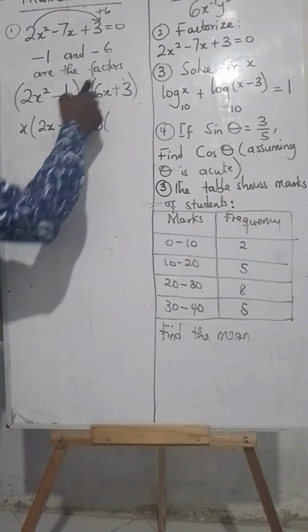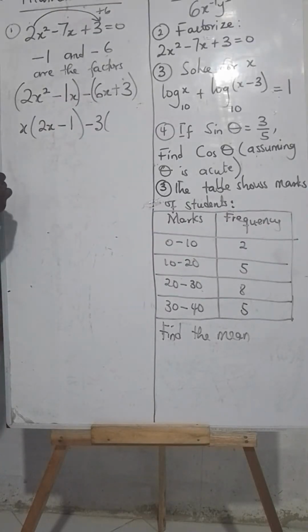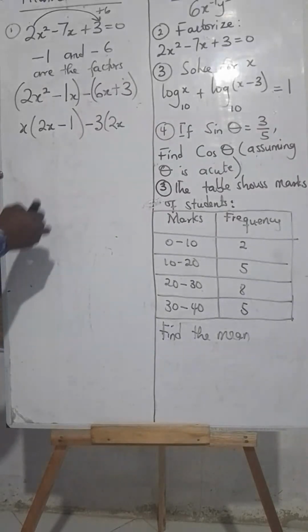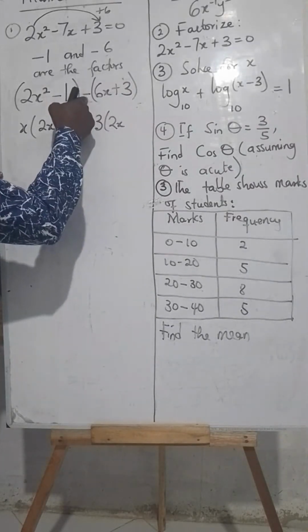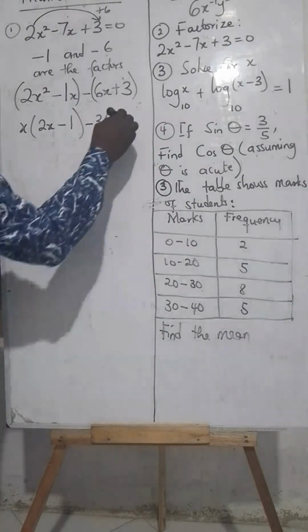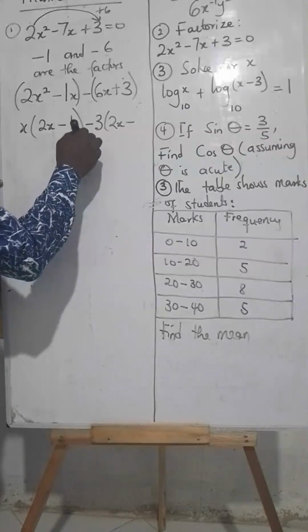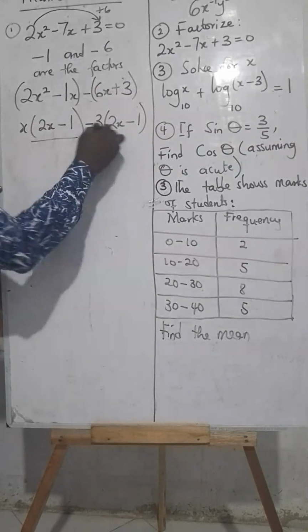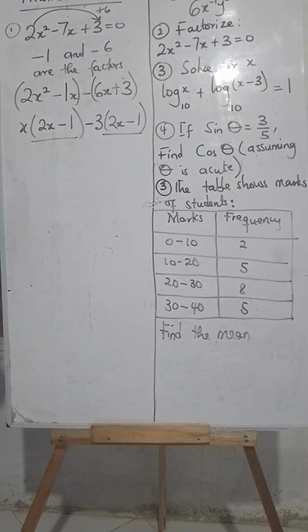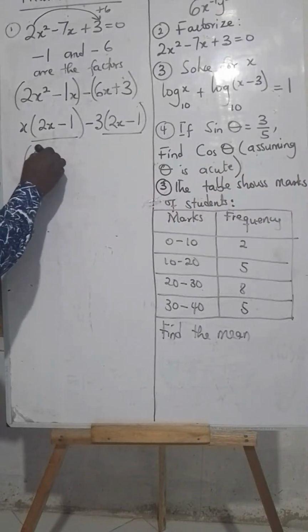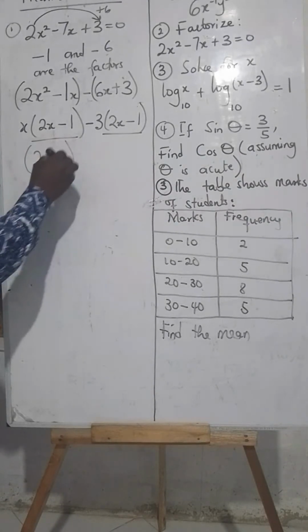Then 3 into 6, that is 2, then you attach the x to it. Negative by positive, that will give us negative, so that will be minus. Then 3 into 3, that is what? 1. So you can see that what is in the brackets are the same, so you group it in one bracket, that's 2x minus 1.